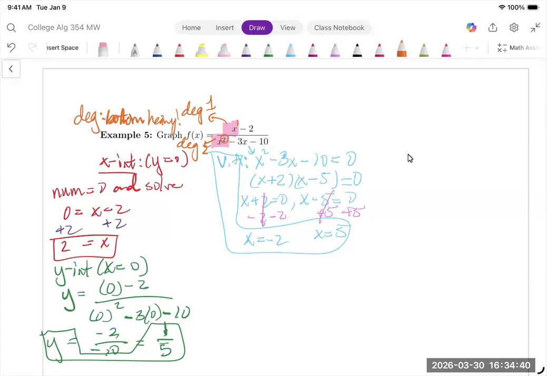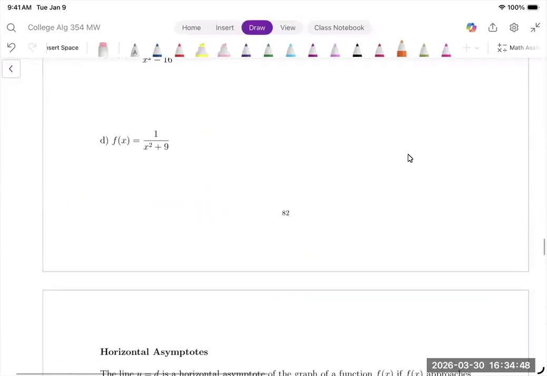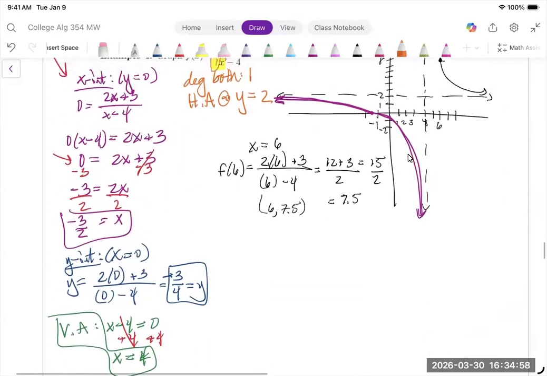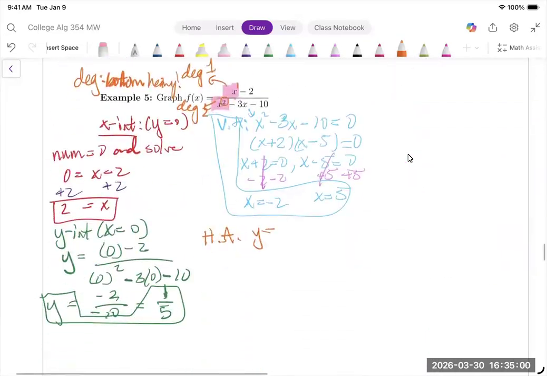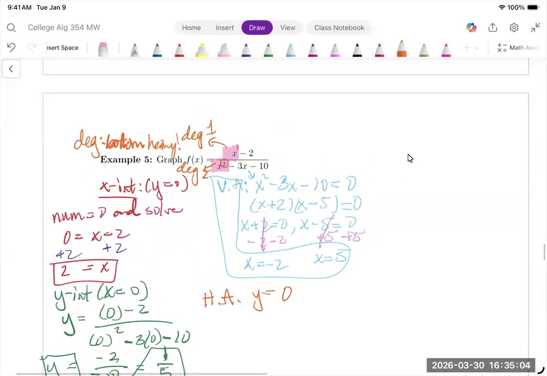What does bottom heavy imply? This is what you're going to have to do in the homework, okay? It implies that the horizontal asymptote is 0. Horizontal asymptote is 0. Okay.